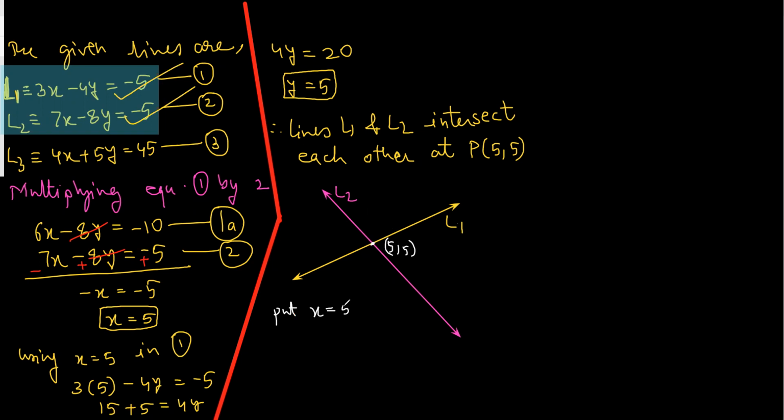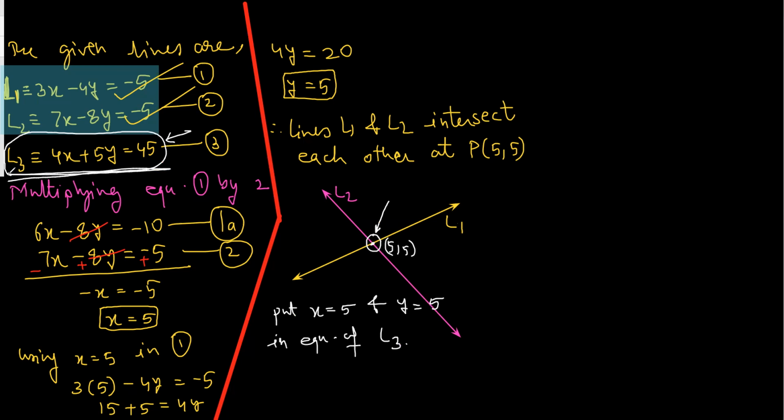So I write, put x equals 5 and y equals 5 in the equation of L3. Why? If this line also passes through this point, then the coordinates of this point will satisfy the equation of L3. That is what I'm checking.